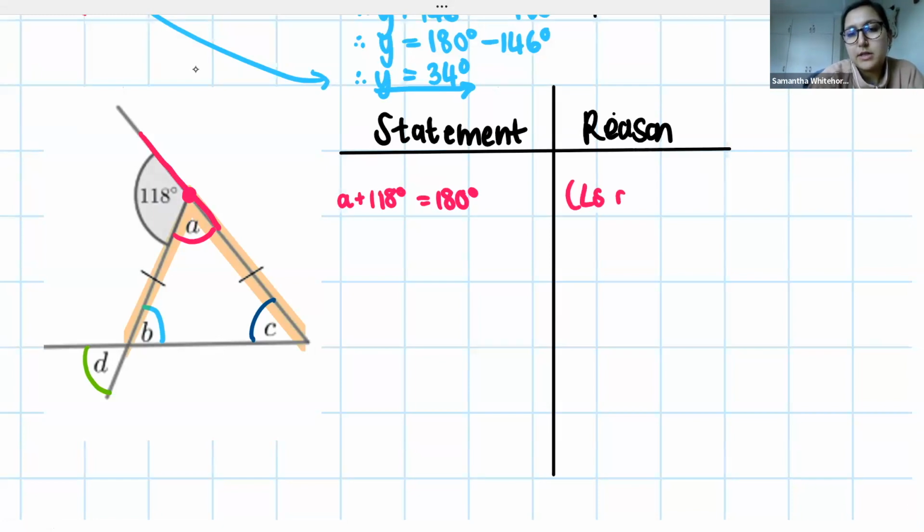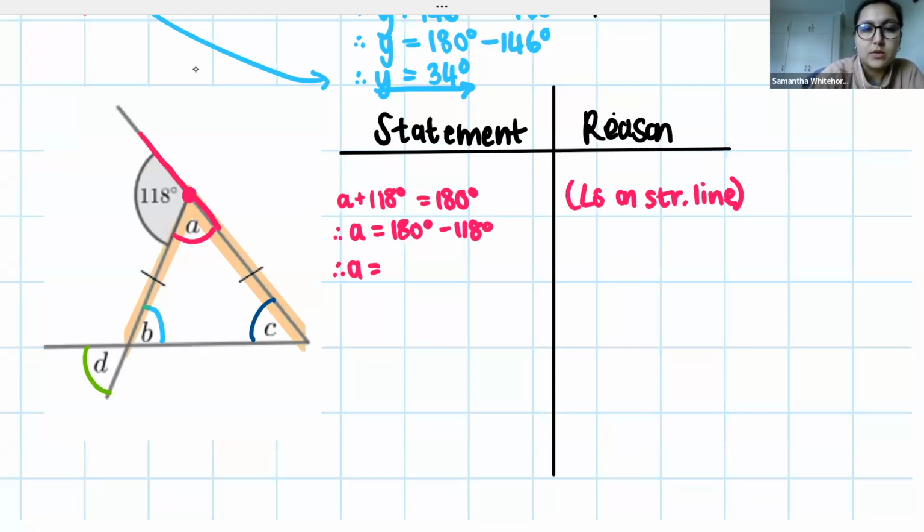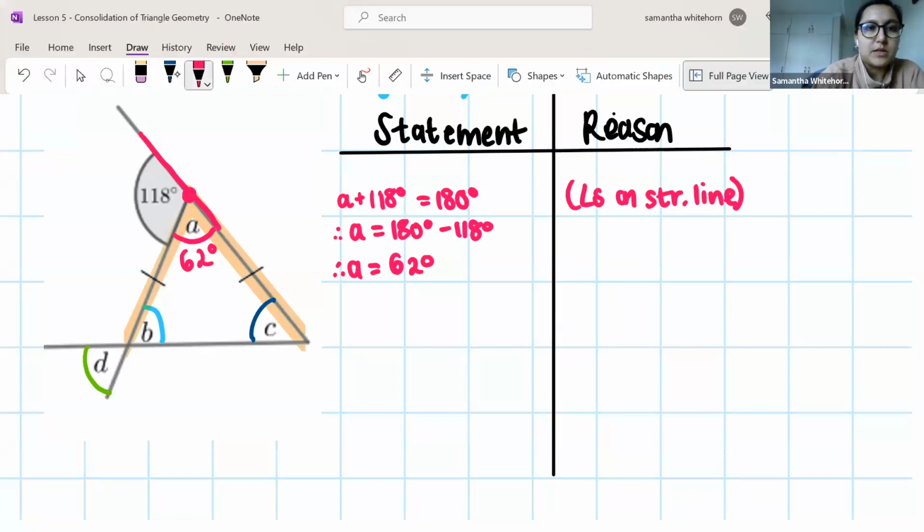So I can use that reason, which means that using my inverse operations, A is equal to 180 minus 118 degrees. And so A is equal to 62 degrees. Now that I know that, I'm going to put it on my diagram just in case it's useful to me. And now I move on to my next ones.